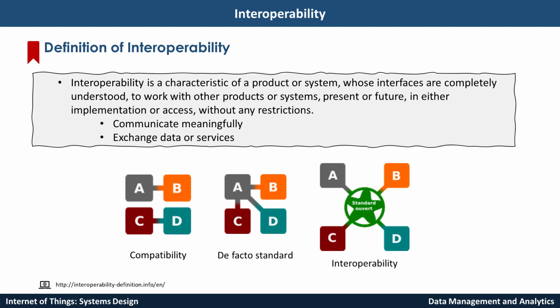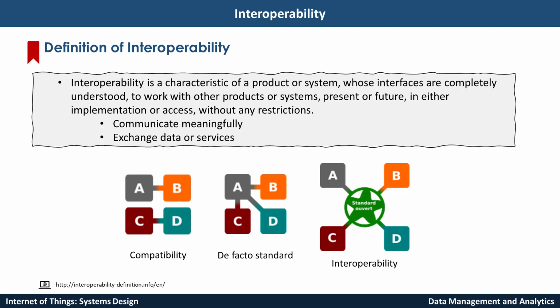So as you can see from the figures, compatibility is basically someone developing adapters, and then some of the systems can work with other systems. So A works with B, C works with D through some adapters.